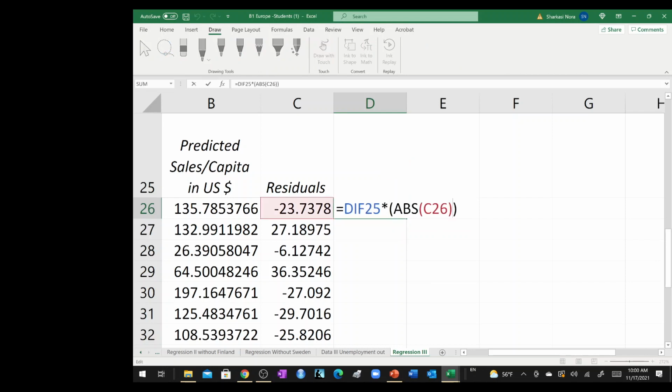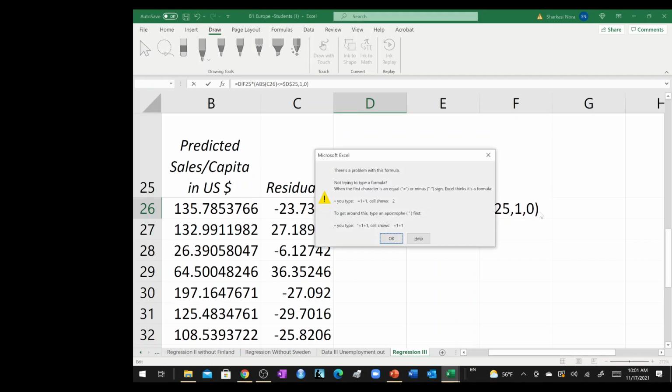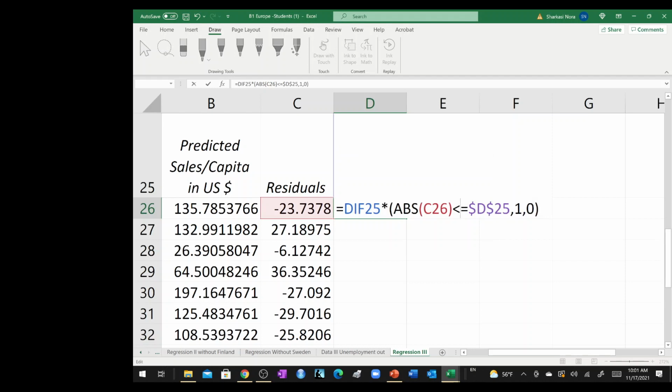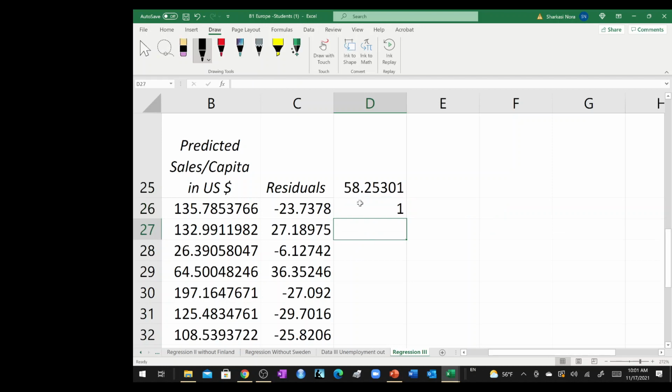If this value, the absolute value, is less than or equal to D25, and here we go.